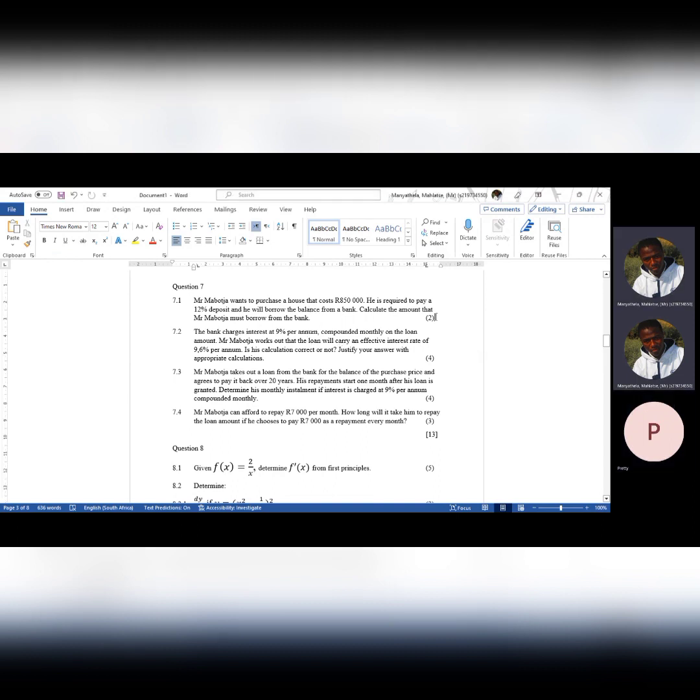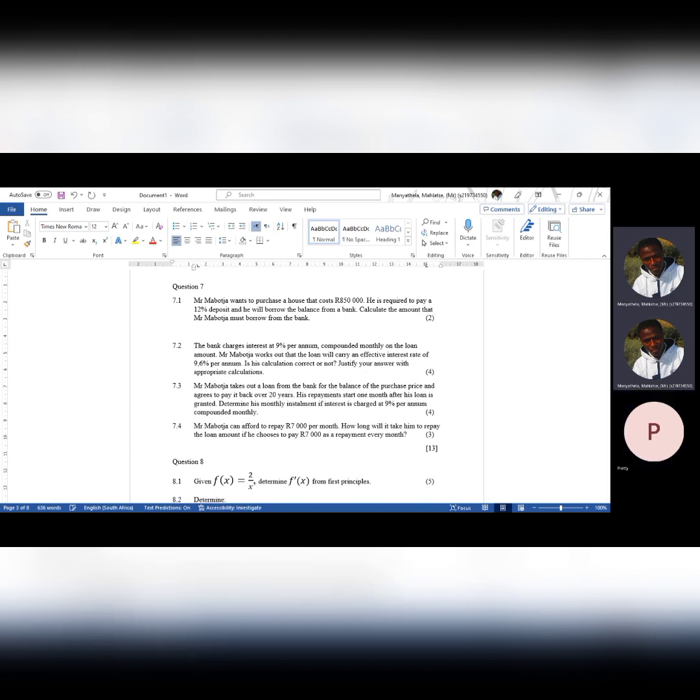So here's the question. It says, Mr. Mabucha wants to purchase a house that cost 850,000. He is required to pay a 12% deposit and he will borrow the balance from a bank. Calculate the amount that Mr. Mabucha must borrow from the bank.